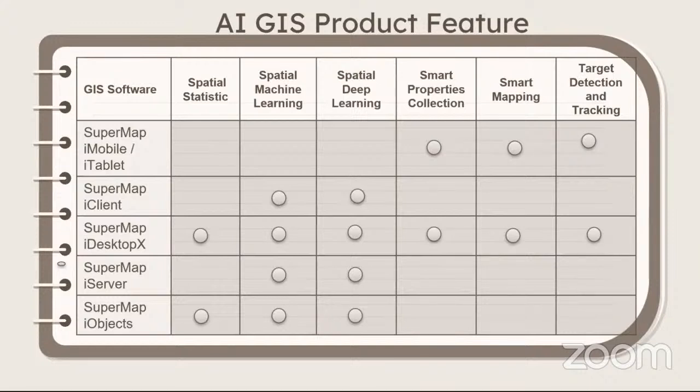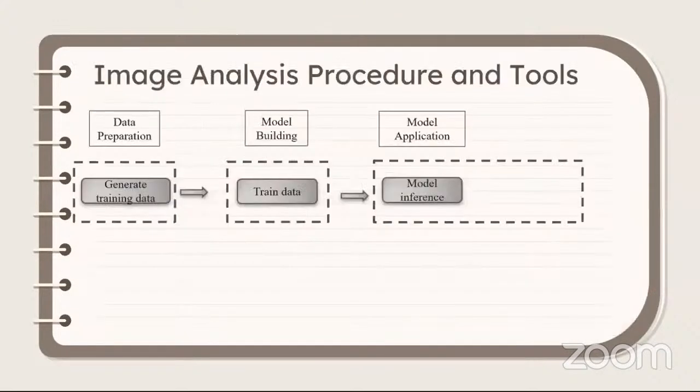SuperMap iDesktopX for machine learning is complete and has all of the features that I previously said: spatial deep learning, machine learning, spatial statistics, smart mapping, target detection, and also smart properties collection.